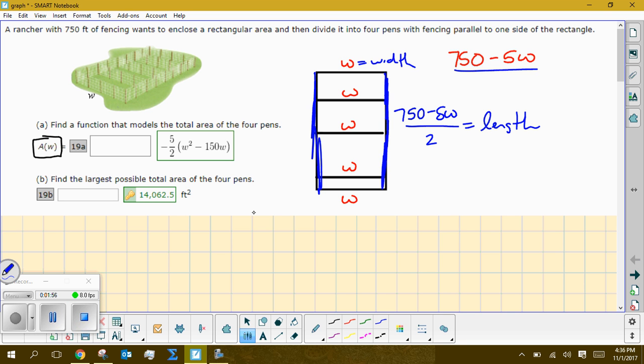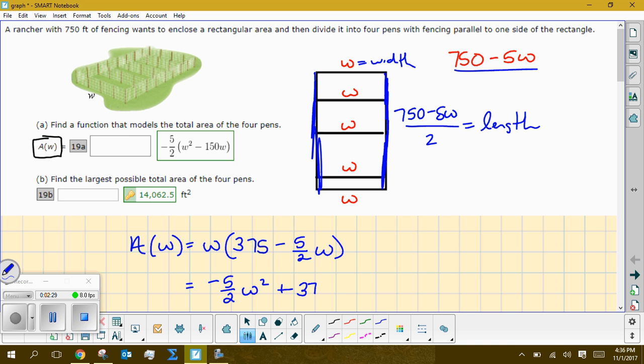And if I want to find the area in regards to width, area is length times width, but width being W. Length now is 375 minus 5 halves W. Rewriting that, I get negative 5 halves W squared plus 375W.